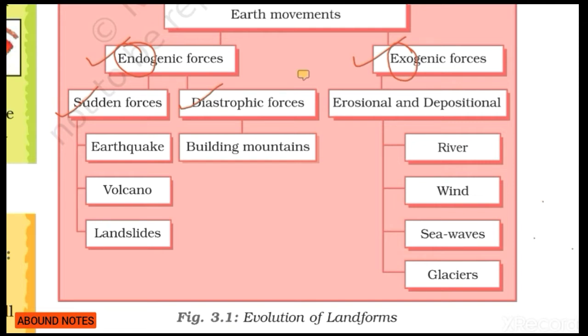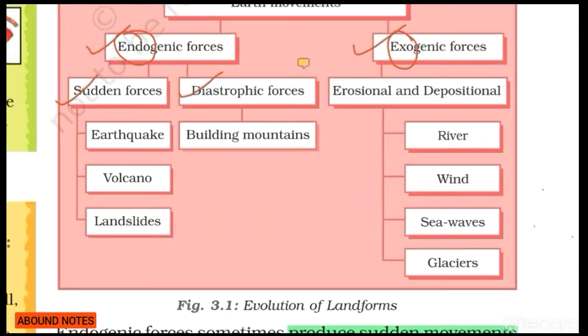In that case, your writing goes astray. In the same way, due to sudden movement in the earth, earthquakes, volcanoes and landslides form. While a diastrophic force is the process of deformation of the earth's crust which involves folding and faulting, and due to that the building of mountains takes place.